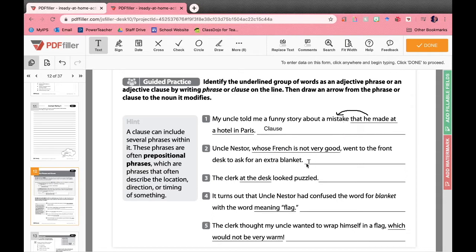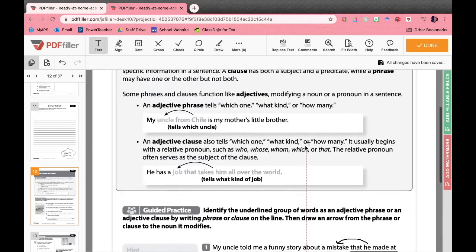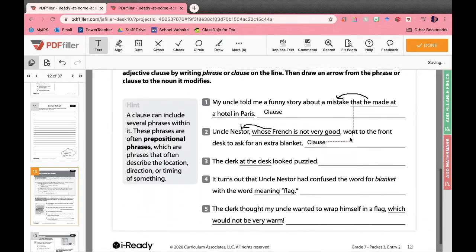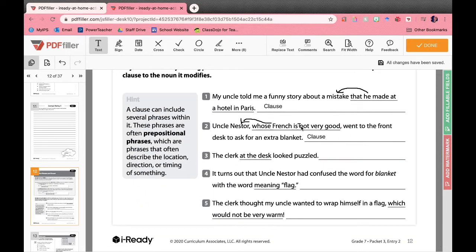Therefore we know that it has to be a clause, not a phrase. And what is whose French is not very good modifying? Uncle Nestor, because it's telling us which one. Which uncle? The uncle whose French is not very good.